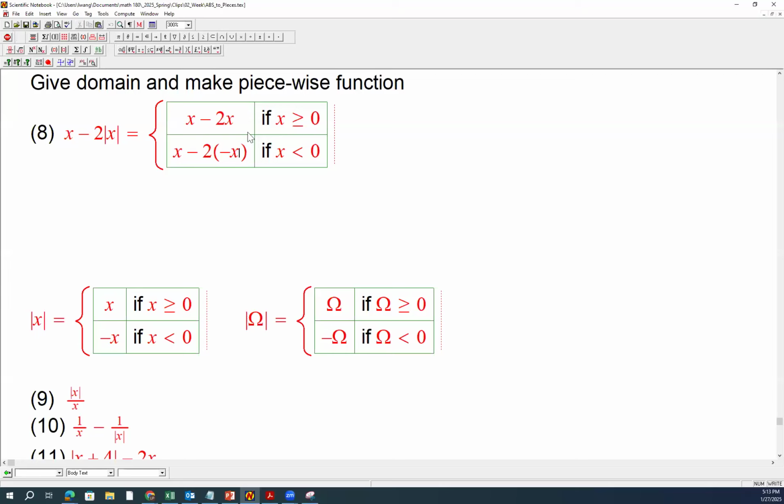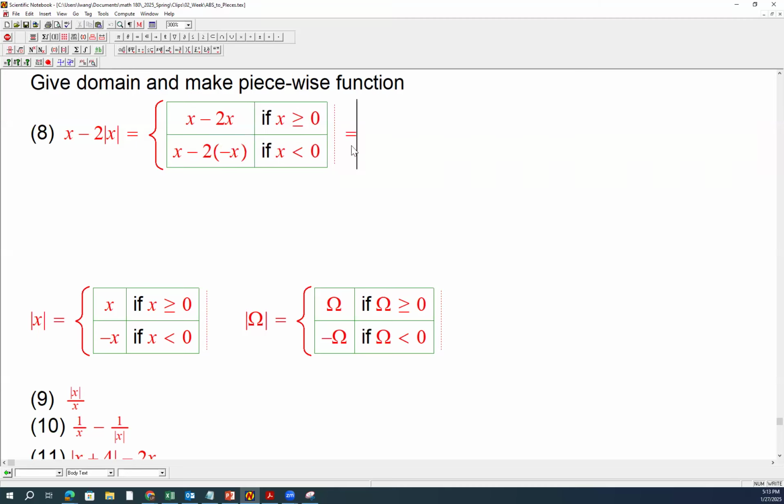Or let me do it another time, right? So for x greater than or equal to 0, first I'm going to put this in. I'm doing this a second time, okay? Same formula. But when x is greater than or equal to 0, the absolute value of x is the same as x. So this will be replaced by x. And this piece is replaced by its opposite.